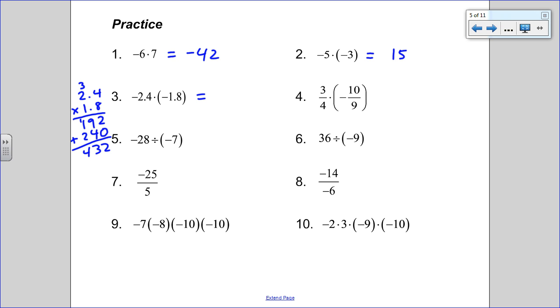Remember that our decimal point should be 2 places to the left because there are 2 numbers to the right of the decimal point in our product. So our answer is +4.32.